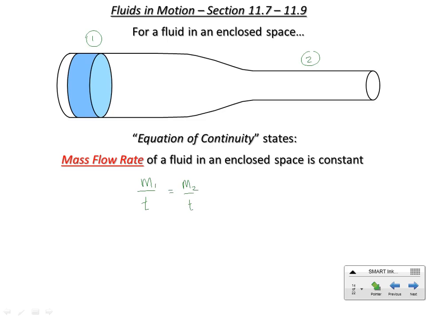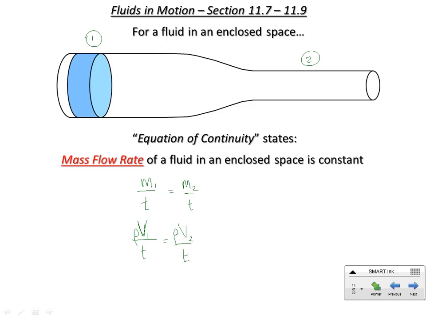The same amount of mass gets to a point and leaves a point in the same amount of time, no matter what's true about the enclosure itself. So we can write this as rho V1 over t equals rho V2 over t.